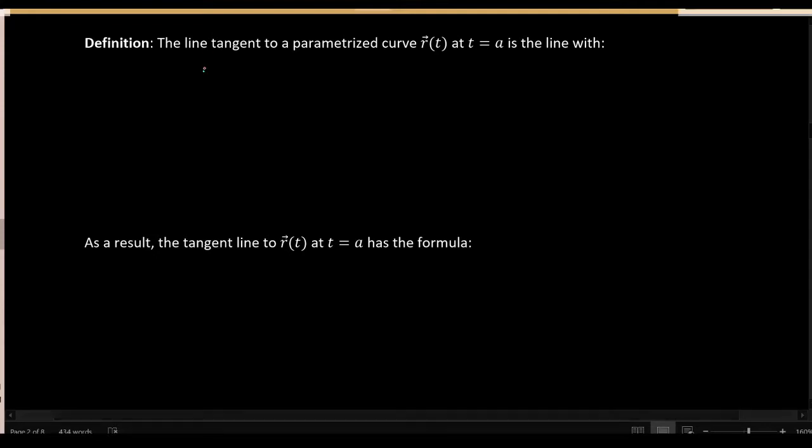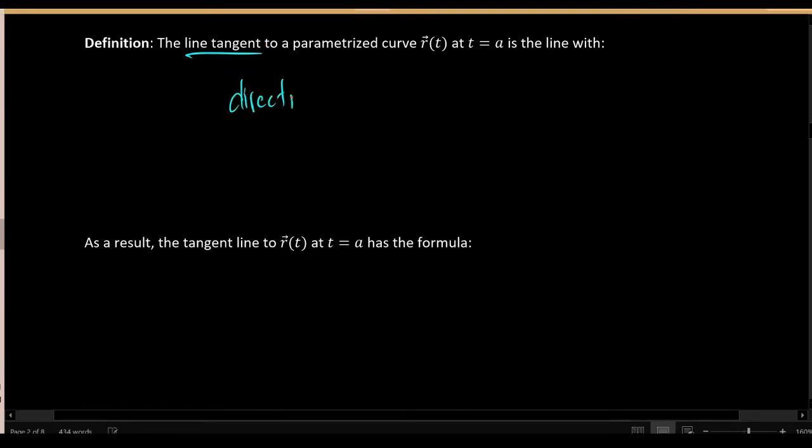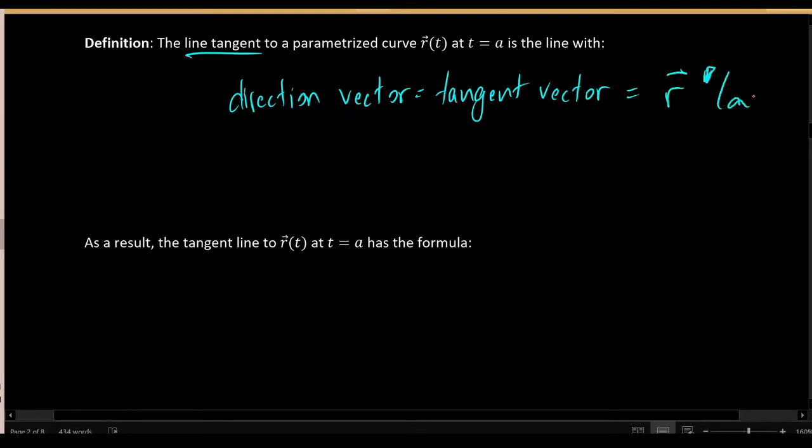The line tangent to a parameterized curve contains the tangent vector as its direction vector, the tangent vector being equal to the output of velocity at the given time. Let's just call it A.